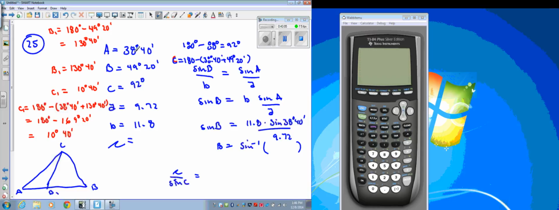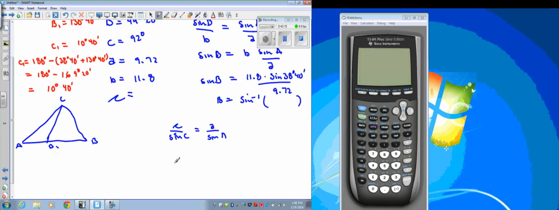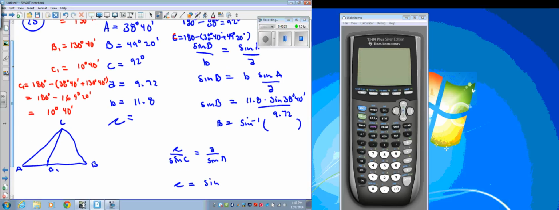So we want to do little a over sine A. So then C is going to be sine of C, 92. A is 9.72. And then sine 38.